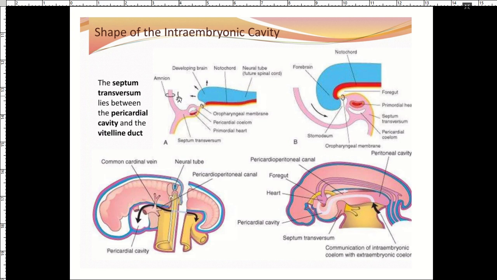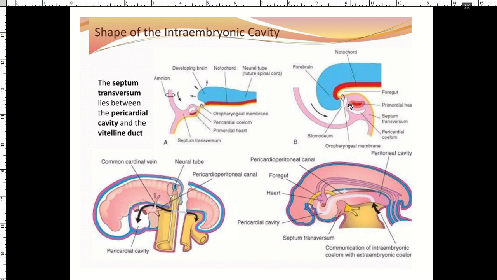this is going to develop. As it develops, it's going to push the primordium of the heart, as well as the pericardial cavity. You can see it now shifts to its final position.